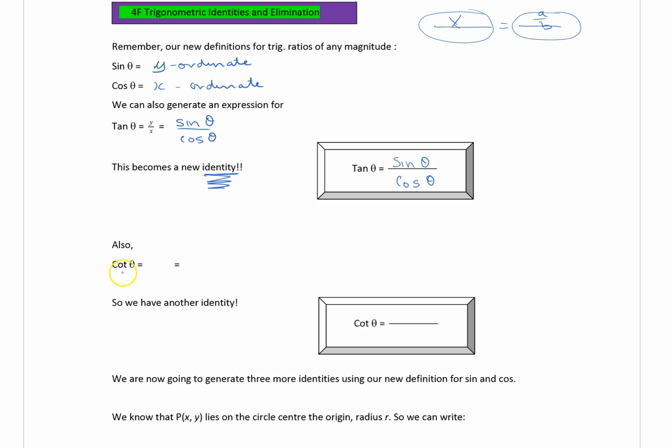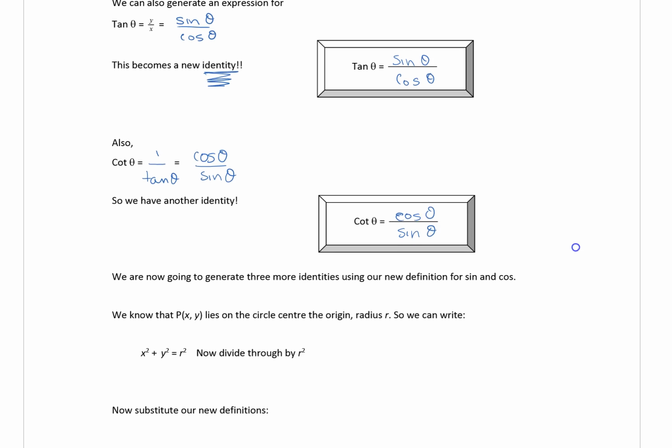You know that cot theta, because it's the reciprocal of this, which is, I'll just write it as 1 on tan theta, or the reciprocal of that makes it cos theta on sine theta. So you can see that an offshoot of the identity, tan is sine on cos, becomes cot is cos on sine. Now, you may be thinking, where are you going to use it?